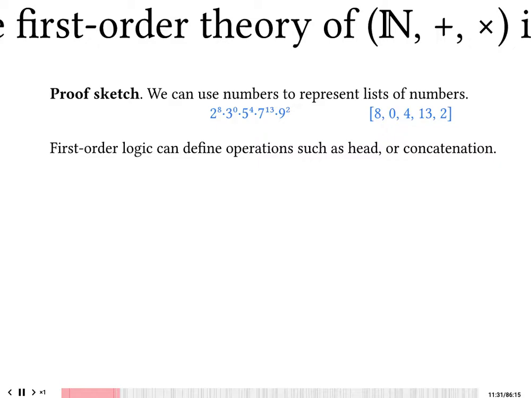But I think you can figure it out if you think about it, unless you haven't seen it, for example, with Gödel's proof. And once you can represent lists and do list operations on them in first order logic, then you can simply formalize the fact that a Turing machine has an accepting computation, because a list can be viewed as a configuration of a machine, and then a list of lists.